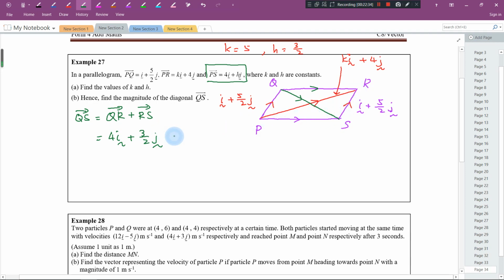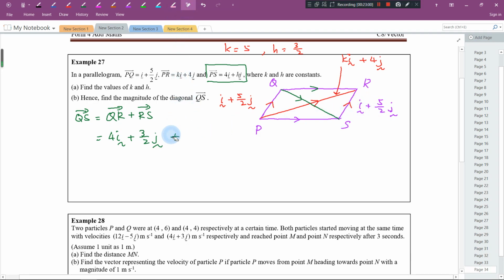This one you have to be careful. The vector we got just now is SR. I got this from here, because this is a parallelogram, PQ and SR are the same. So i plus 5 over 2 j, I got it from here. But do you notice that the arrow is pointing this way, from S to R? Now we are looking for R to S. It's actually the opposite direction, so we have to change the sign.